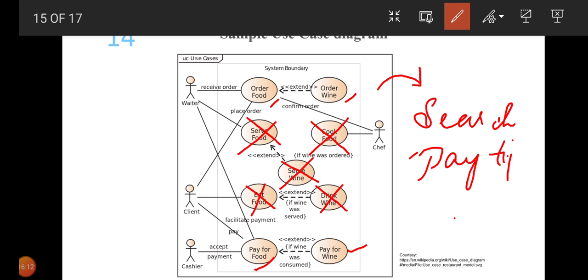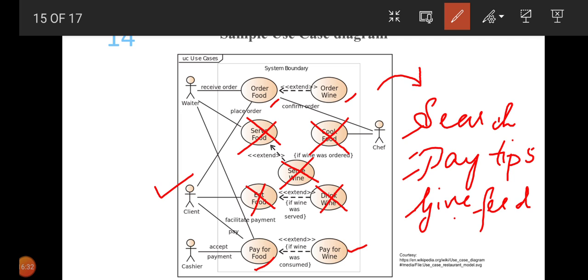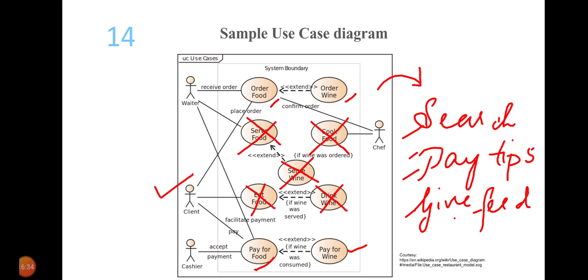So tips can be paid online. Then give feedback. So all this can be done using the software. So this is for the entire system, and you can include these use cases for your software edition, right?